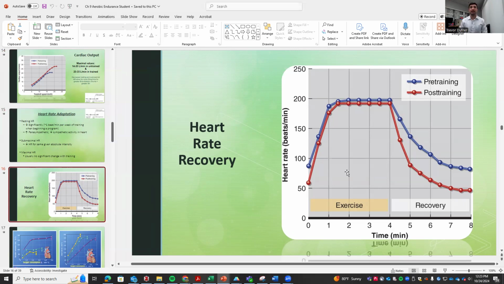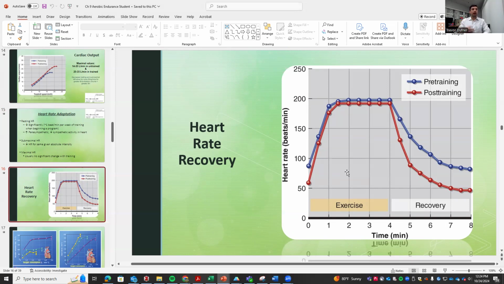And what that realistically means is that we talk about the idea of EPOC, or excessive post-exercise oxygen consumption, the idea that you are maintaining an elevated level of oxygen consumption after exercise because you need that oxygen consumption to recover and return to baseline. But a more rapid return to baseline of your heart rate is telling you that your body is actually much better at returning to baseline.